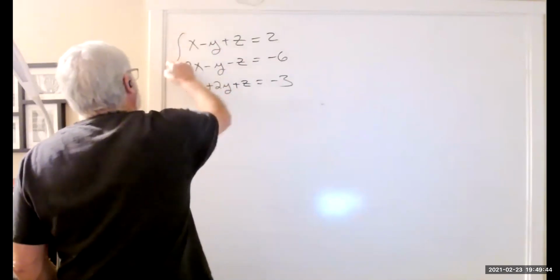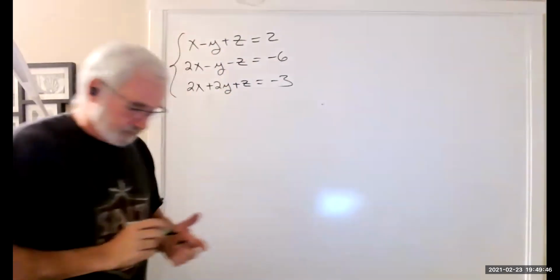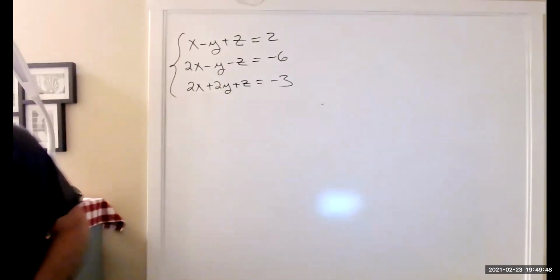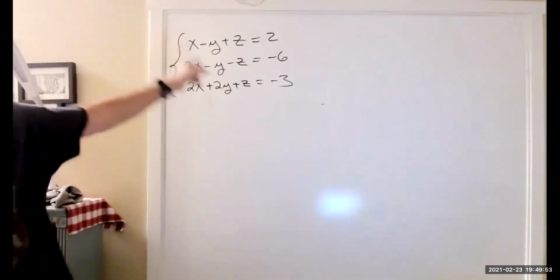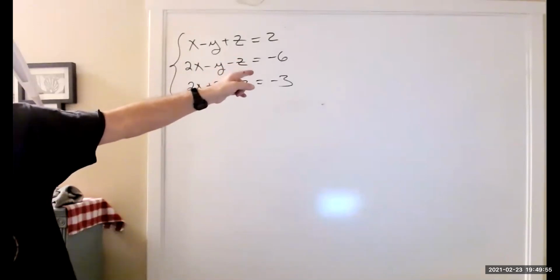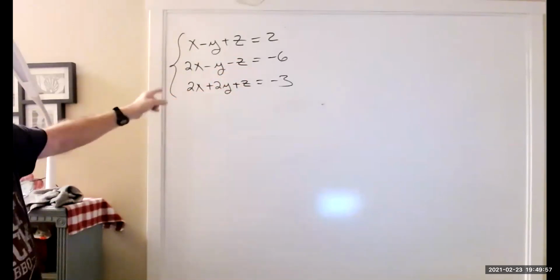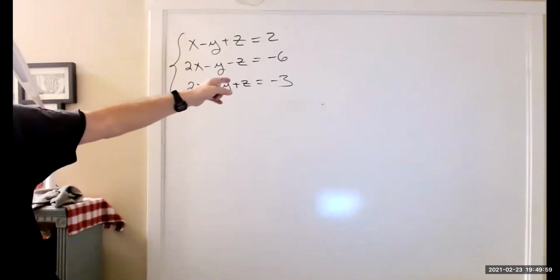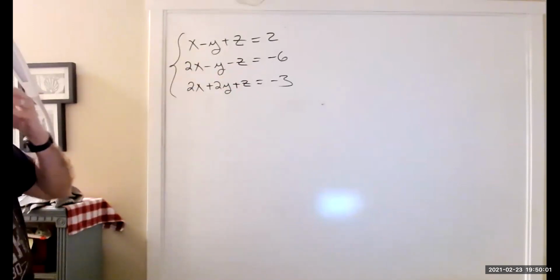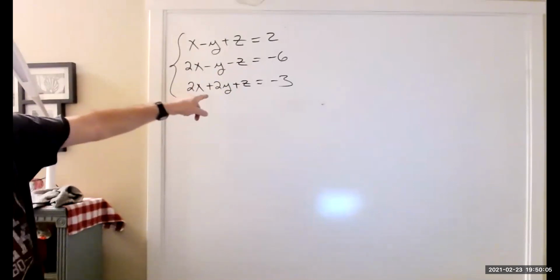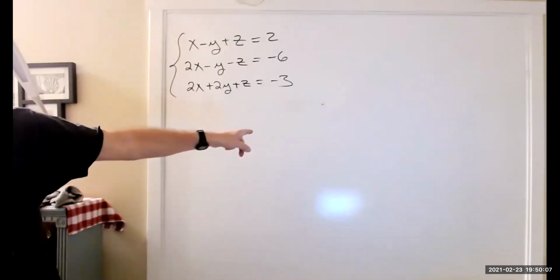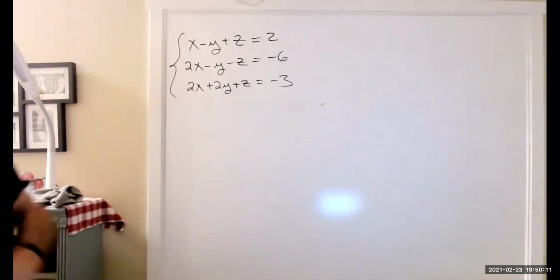There's my system. Let me make sure I've copied it right. x minus y plus z equals 2. Yes. 2x minus y minus z equals -6. 2x plus 2y plus z equals -3. Okay.